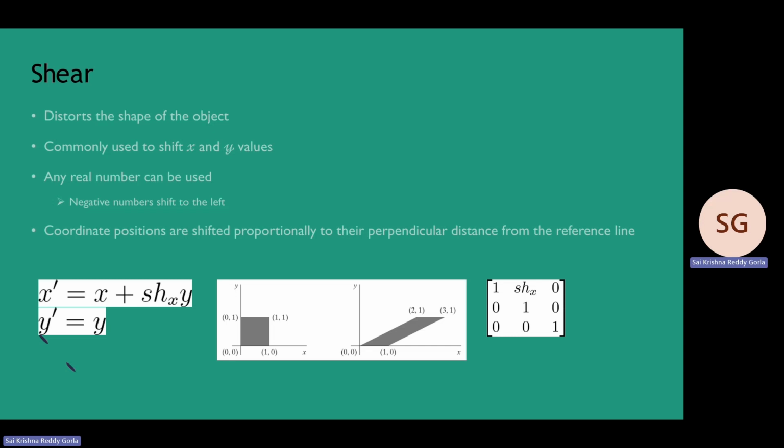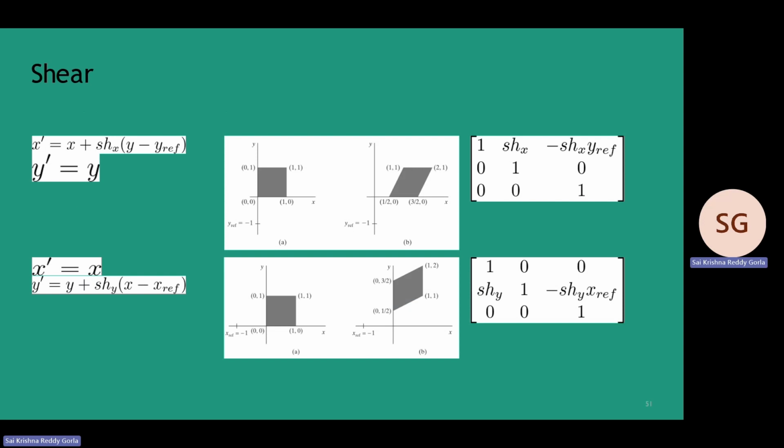You can see the equation x1 is equal to x plus shear xy. You can see here the matrix of shear x, which is going to be a 3 by 3 matrix, and these are the values for the y coordinate, the y axis. So how is the shear going to be performed here?